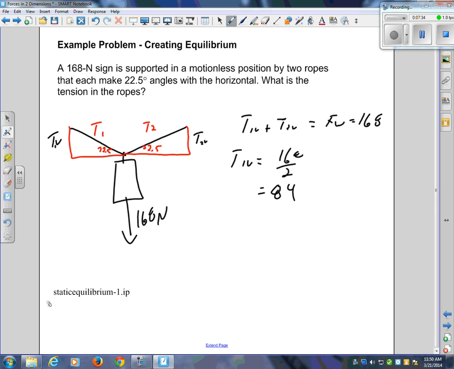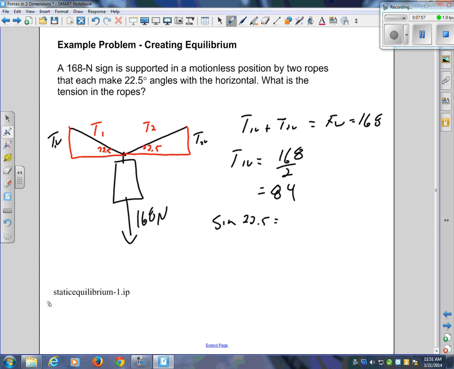Using Pythagoras, I'm going to say that I've got opposite, 84, 168 divided by 2. So opposite is sine, opposite over hypotenuse, so I'm going to say sine of 22.5 is equal to opposite.